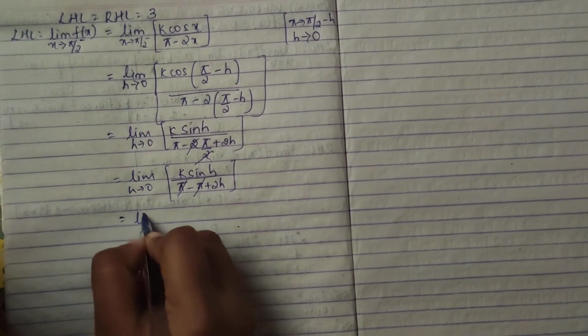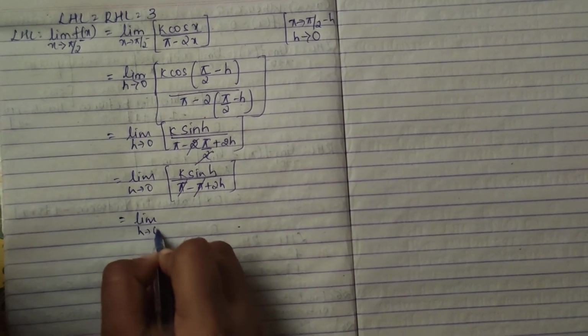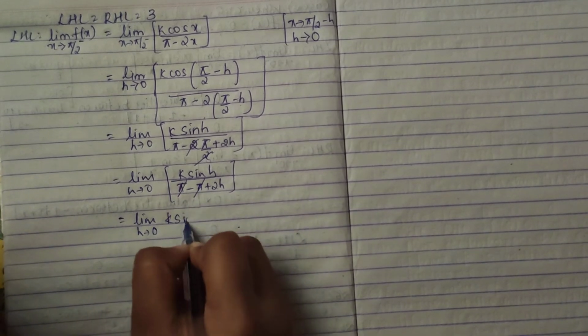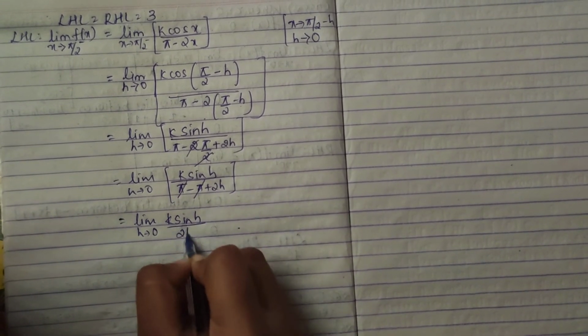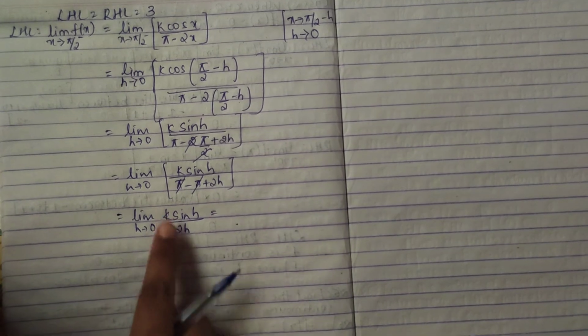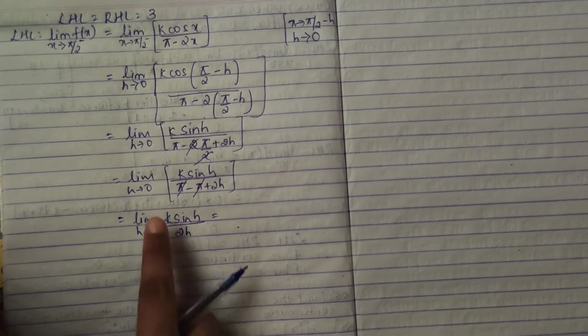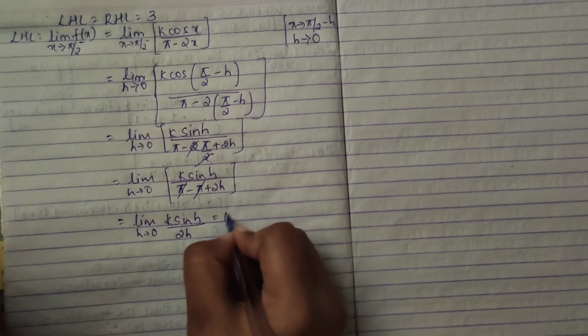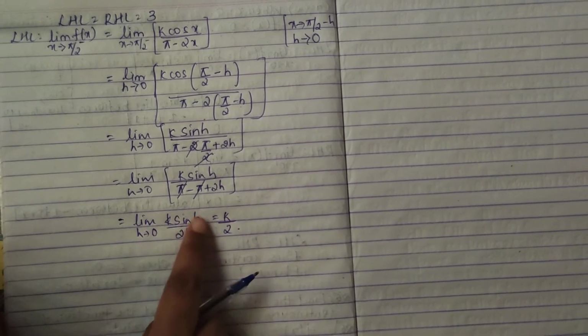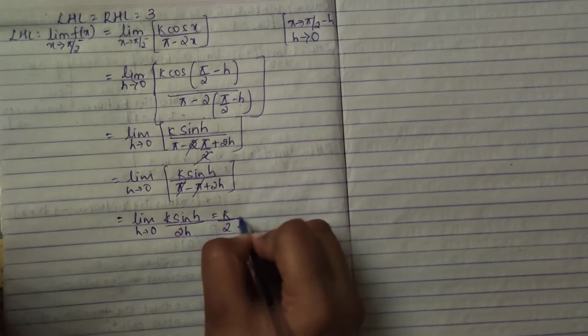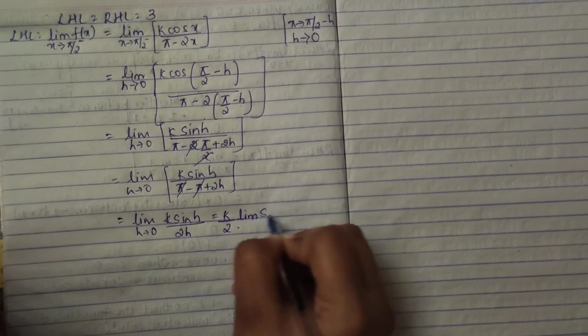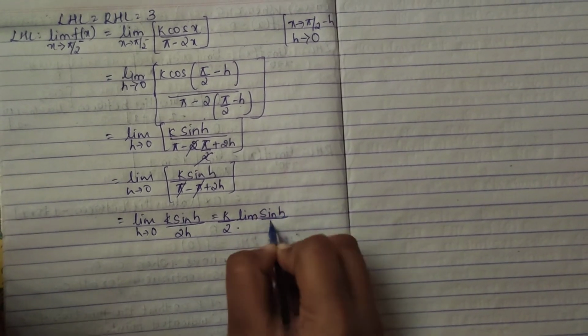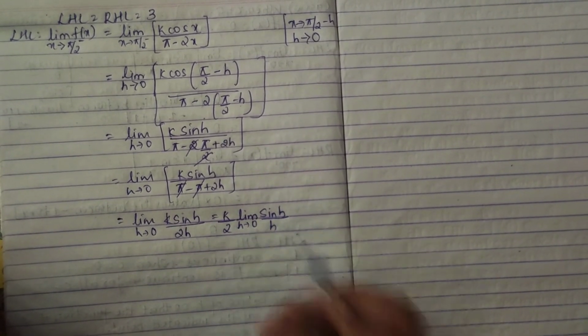As h tends to 0, I am left with k sin h whole divided by 2h. Here k by 2 is a constant term, so I can't apply any limit to it and keep it outside. I apply the limit only to this term, so I write limit of sin h whole divided by h as h tends to 0.